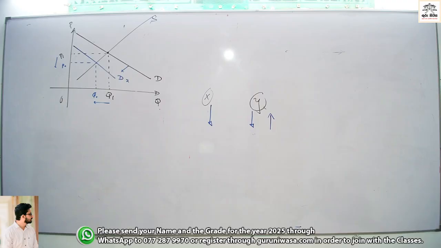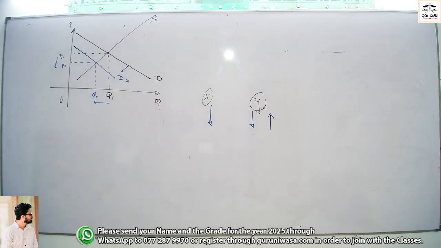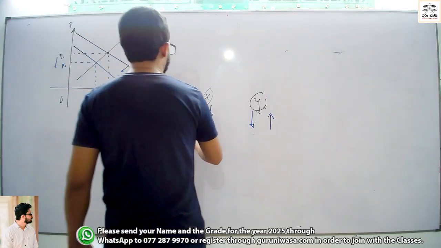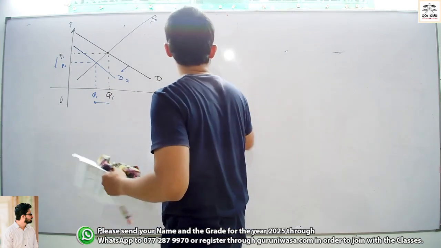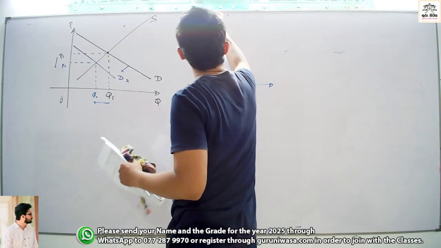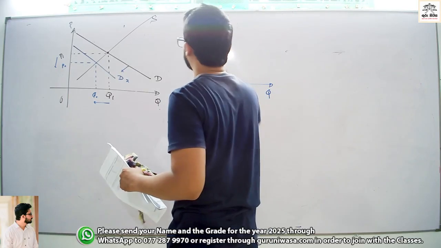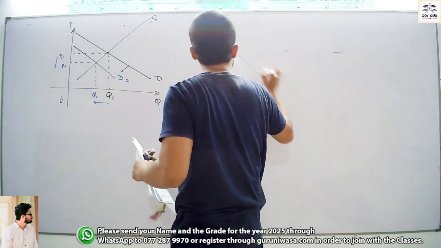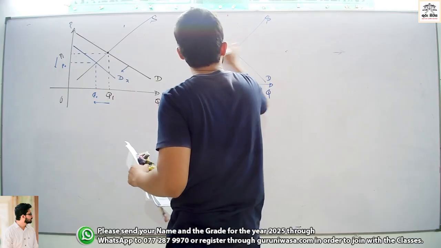Second one, a decrease in price of good Y, which is a substitute for good X. Now it says X and Y are substitutes, Lamai. This is the original equilibrium: price, quantity, demand curve, supply curve.